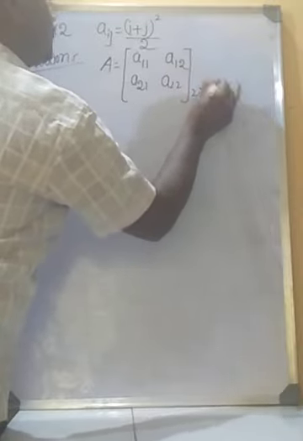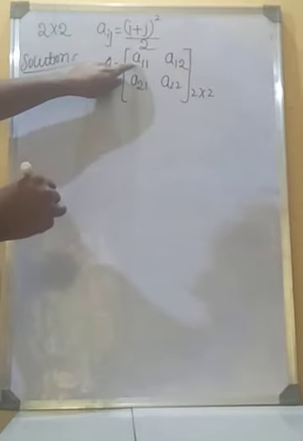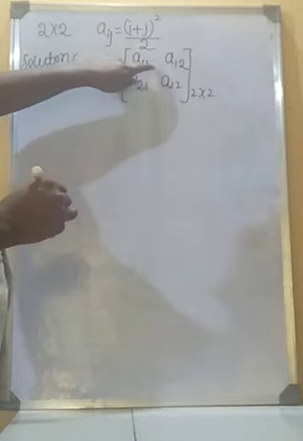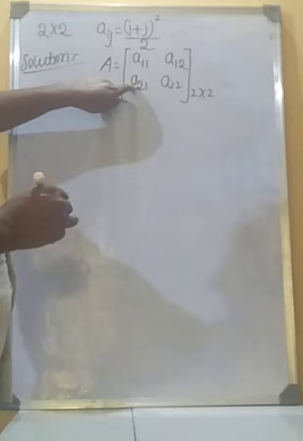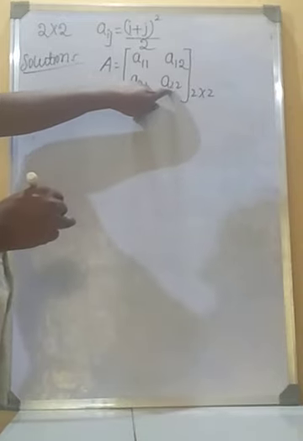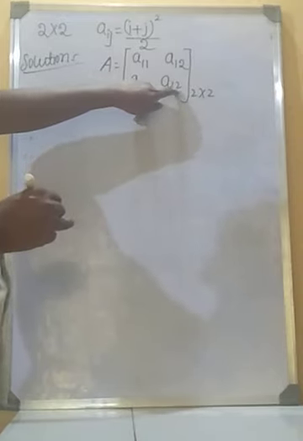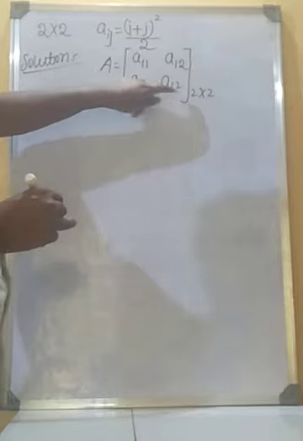Here A11 is the first row first element, A12 the first row second element, A21 the second row first element, and A22 the second row second element.